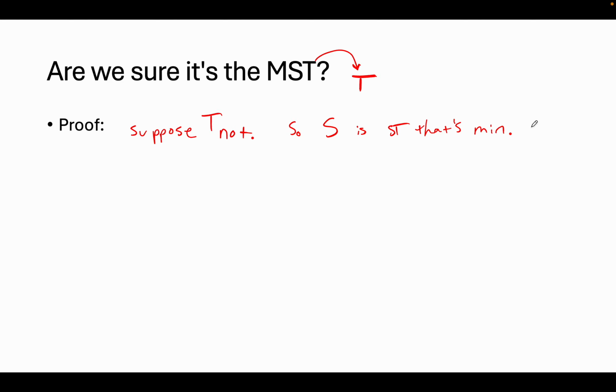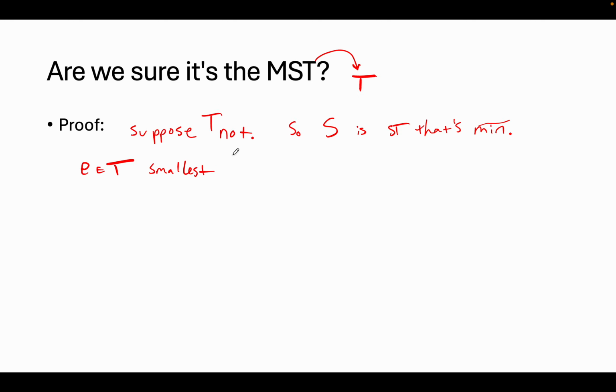So we have some edge E that's in our tree T that's smallest.